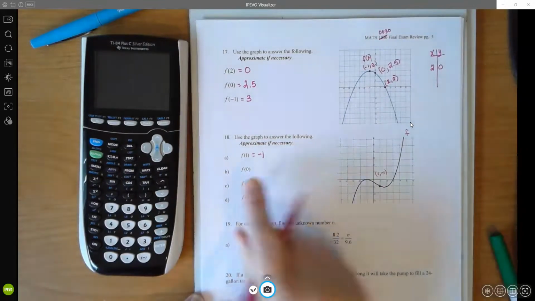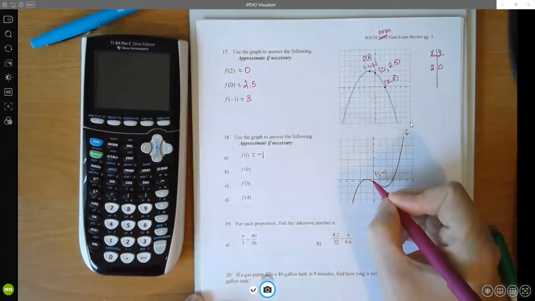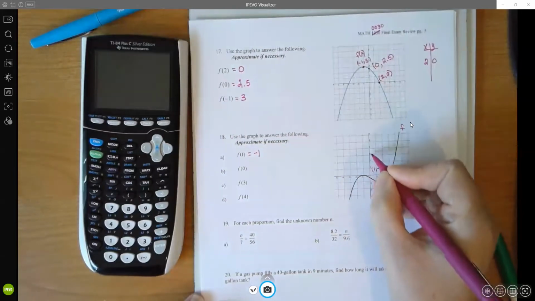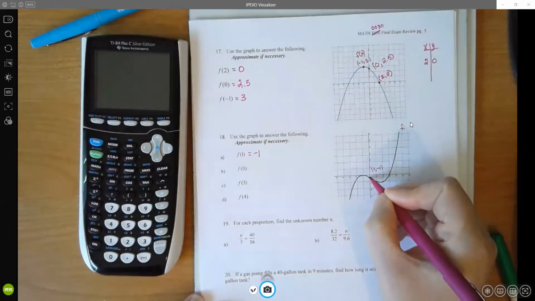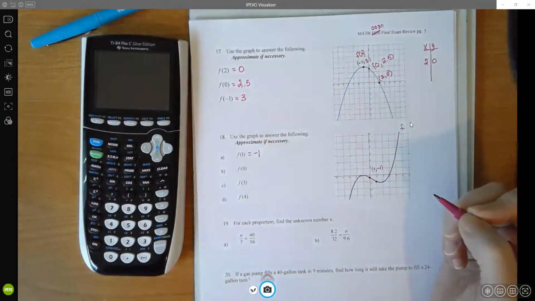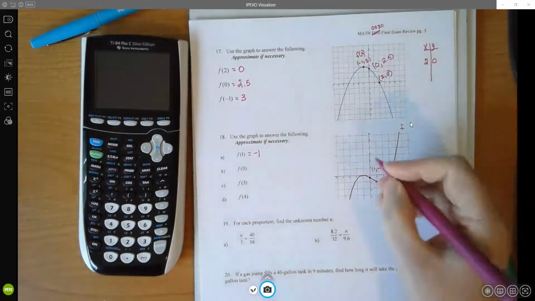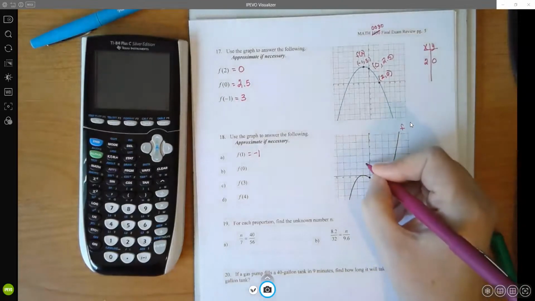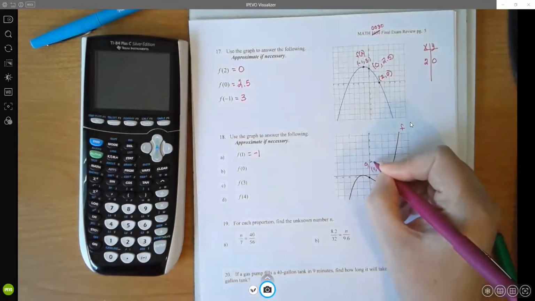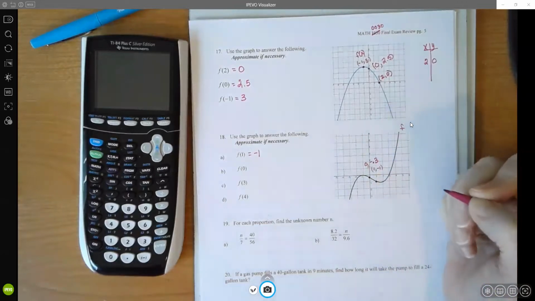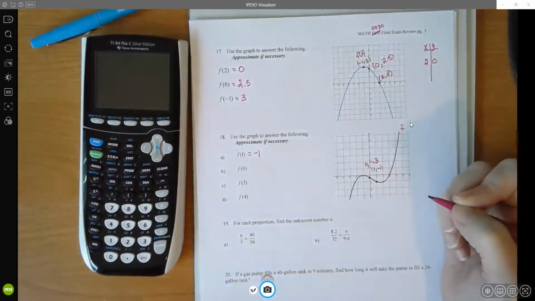F of 0, that means the x value is 0. Where's that graph? Well, it's not up, it's down, and it's right here. And that doesn't quite look like a half. I'm going to call it that ordered pair 0, -0.3. Maybe it's 1/3. I don't know.